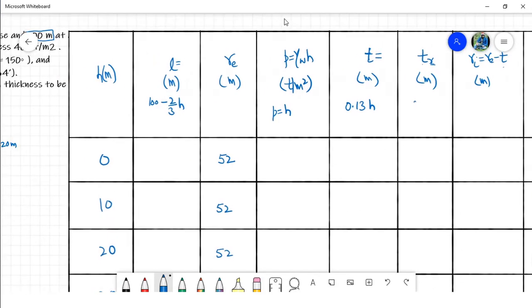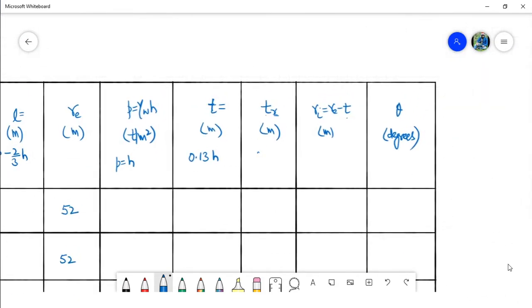Now, how to calculate this? Since you know that L is equal to 2 RE sine theta, sine theta will be equal to L over 2RE, and theta will be equal to sine inverse L over 2RE.